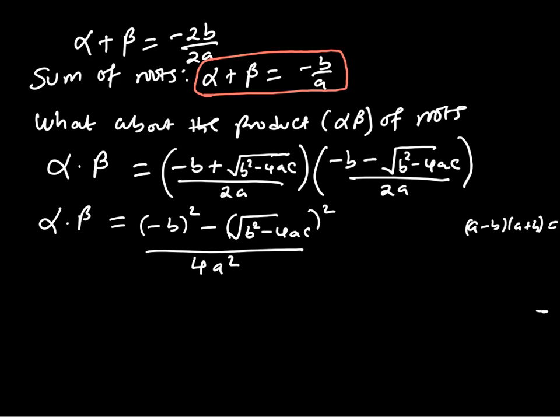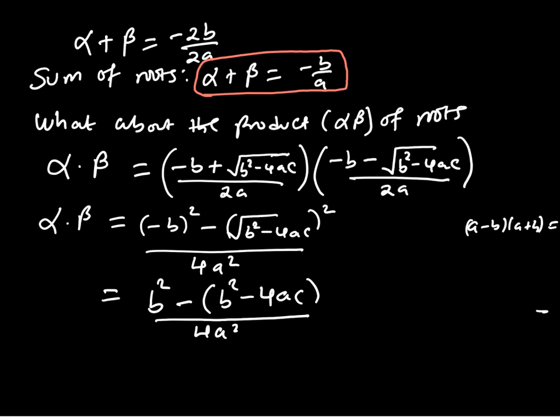It's going to give us b squared minus, in the bracket, b squared minus 4ac, all over 4a squared, which will simply be 4ac all over 4a squared. Remember, this is our alpha beta, the product of roots.